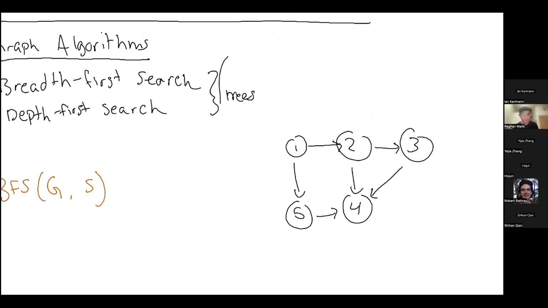I visit one. And then my neighbors that I can continue to visit are 2 and 5. I pick one of these to visit first, so let's say I visit 2. My neighbors are now 3 and 4.